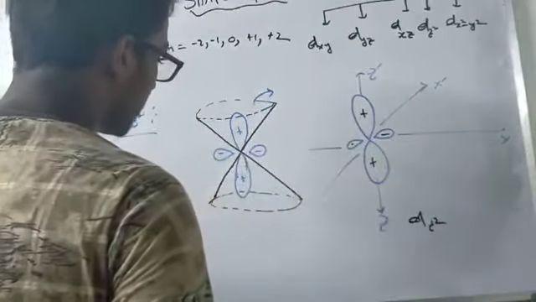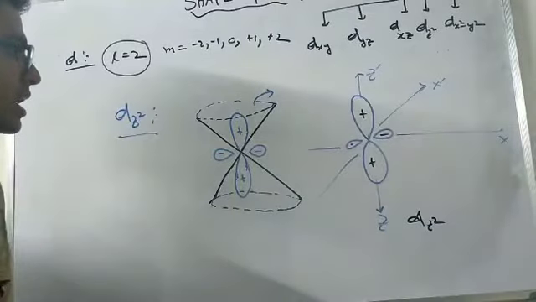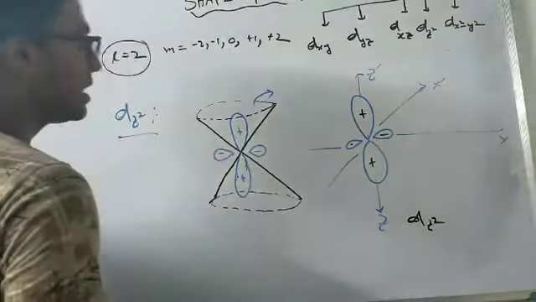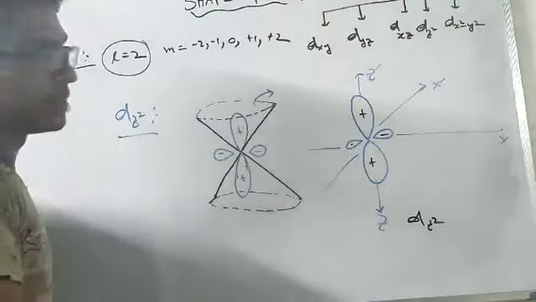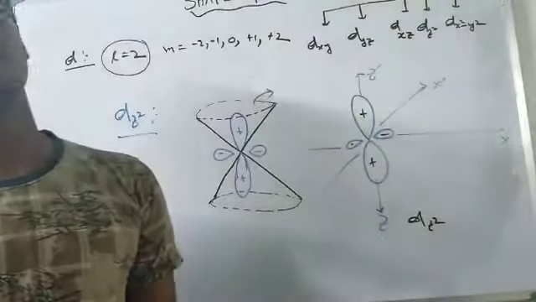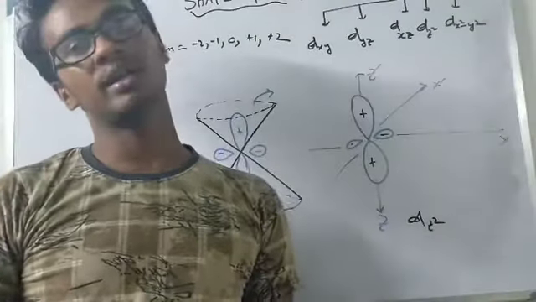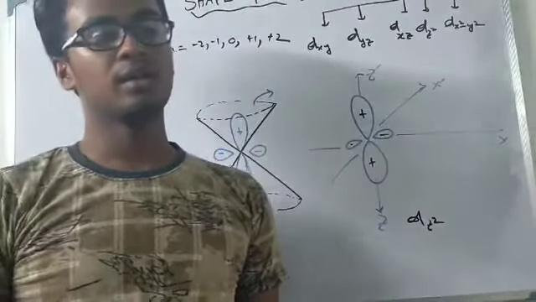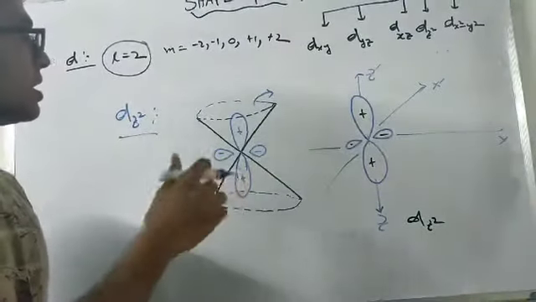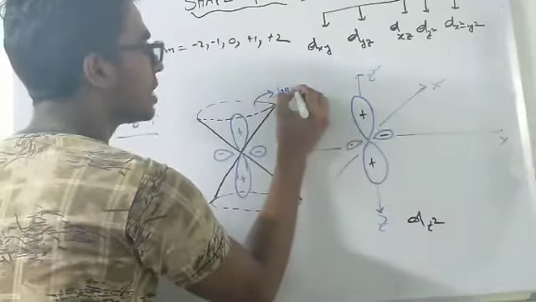So in case of dz square, this is not a planar nodal plane. Instead of that, I am getting a conical nodal plane. So if in any question you find that for which d orbital there is no nodal plane, the answer should be dz square. Because this is not a nodal plane, this is a nodal surface.